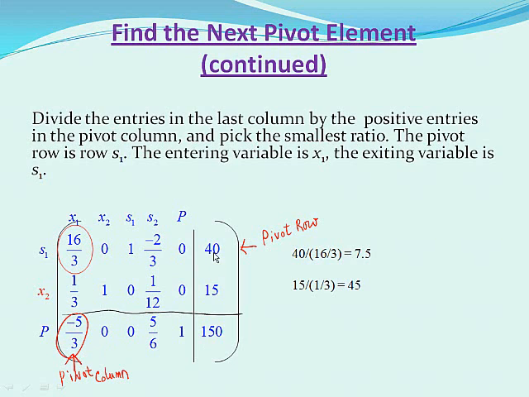If we divide the elements of the last column by the positive entries in the pivot column, we will get these two ratios. 40 divided by 16 over 3, which is 7.5. 15 divided by 1 by 3, that will be 45. We always need to select the least ratio and the corresponding row will be the pivot row. So we get the first row as the pivot row. So 16 over 3 is the pivot element here.